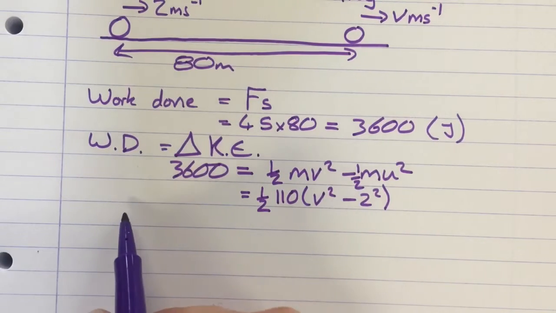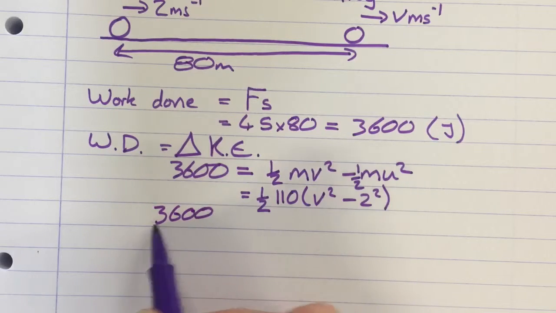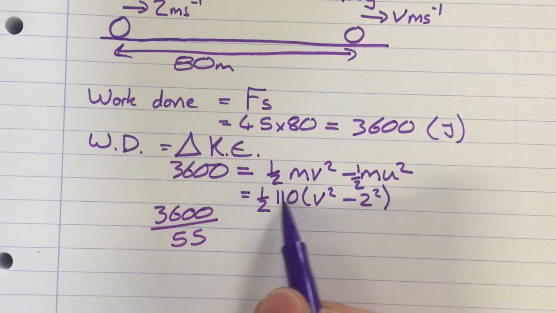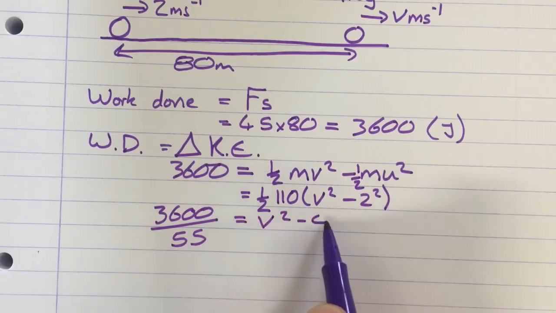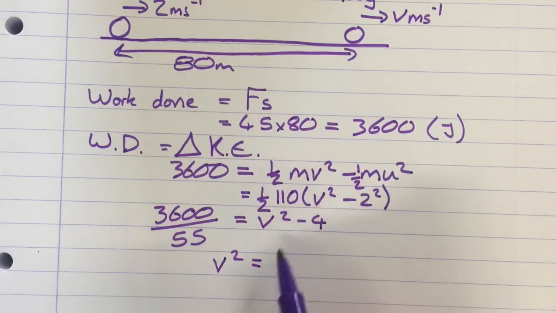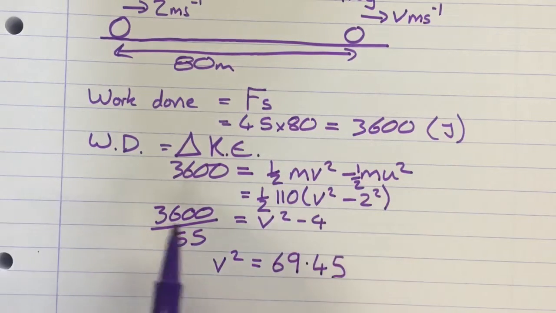So we're going to go 3,600 divided by 55, which is our half and our 110, is equal to v squared minus 4, which gives me v squared is equal to 69.45 by doing my divide and then adding my 4 on.